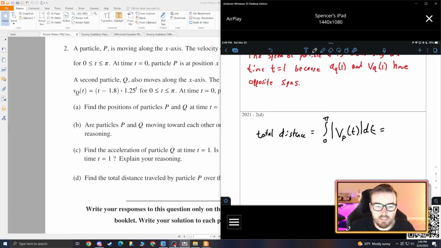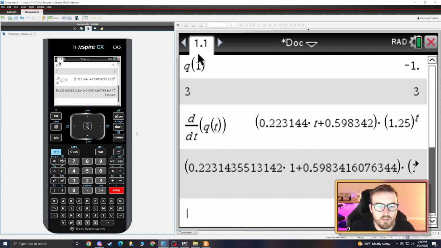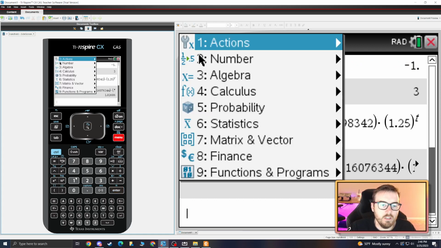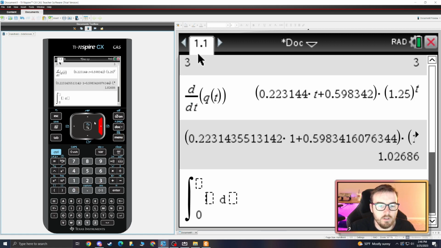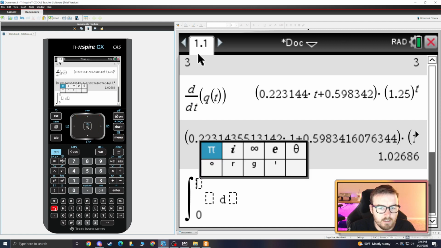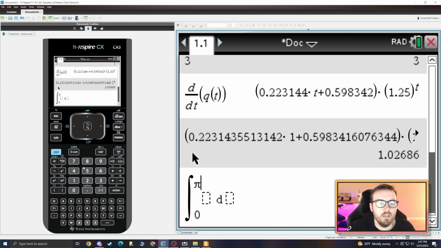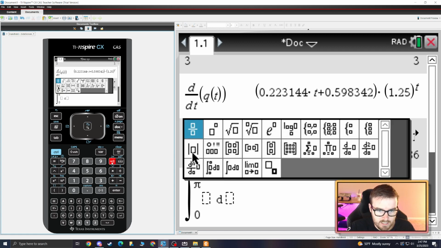Again, this is something that's simple enough to plug into the calculator. That's menu, 4 for calculus, 3 for integral, 0 to pi. Pi is right here. Boom. Of the velocity's particle function, but the absolute value, right? So absolute value is hidden over here beside the number 9. You click this.